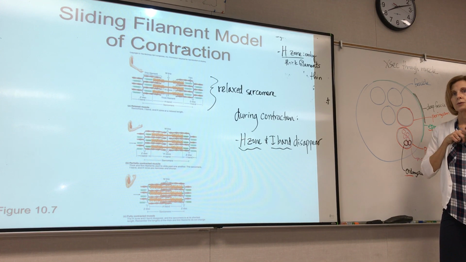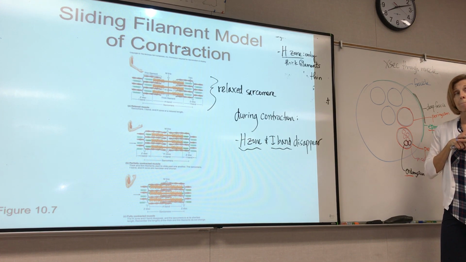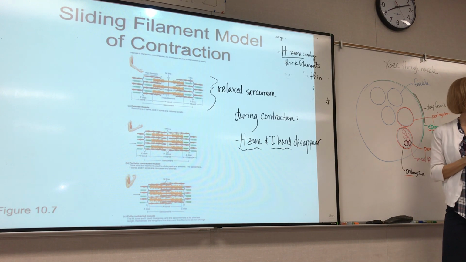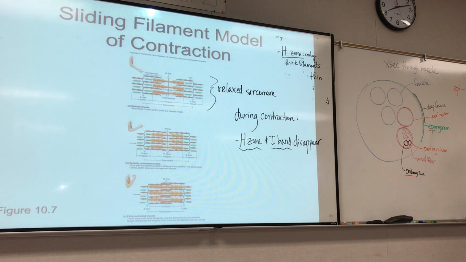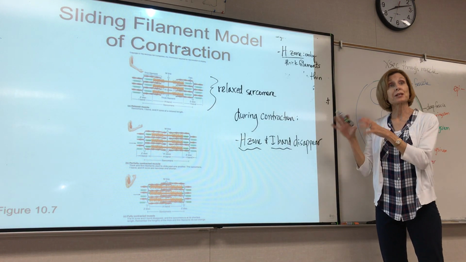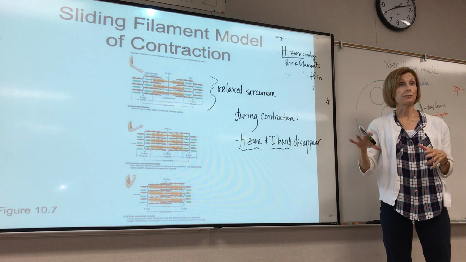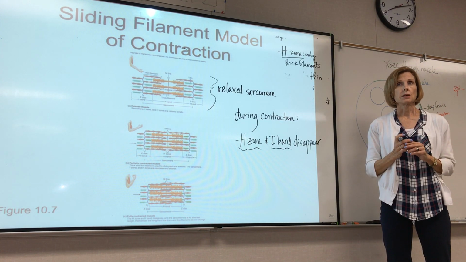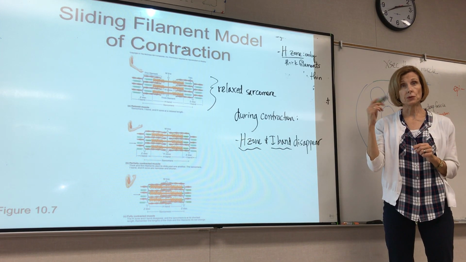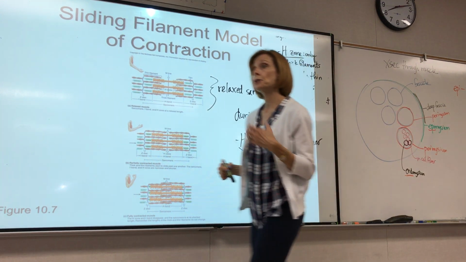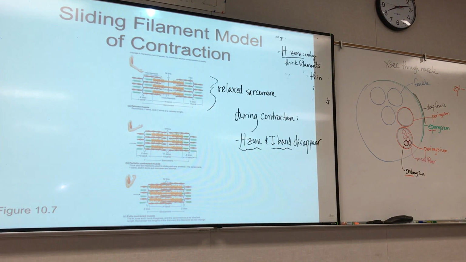Okay, so that is pretty much how muscle contraction happens. Now, we haven't talked about how the action potential gets to the muscle. We've started with the action potential already traveling along the muscle fiber. So let's run through those steps, and you guys can review these steps leading to contraction.